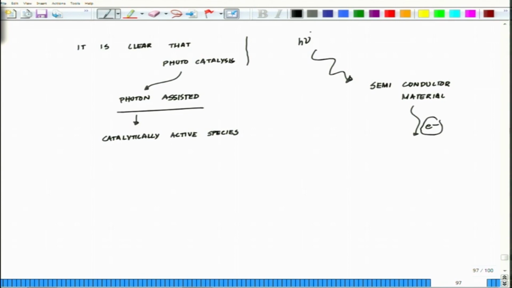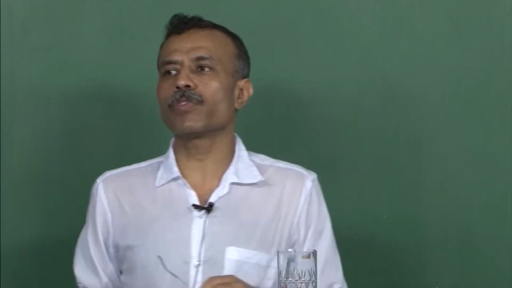So, light is just providing that assistance. It could be provided by something else also. It may be heat also, it could be something else also. Okay, but the semiconductor material needs that small amount of energy to ensure that it generates an electron.